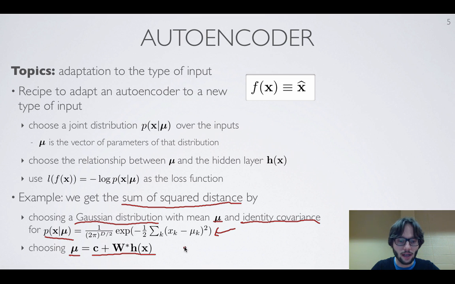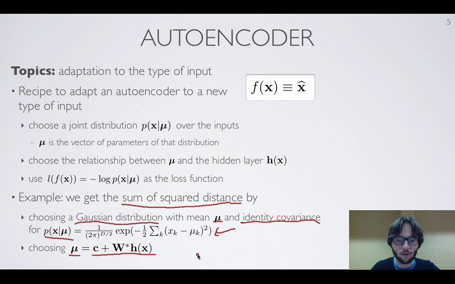I'll let you do that exercise, but essentially you see that the minus log here is going to cancel out with the exponential and the minus here, so we'd be left with half and this part, and the normalization is just a constant, so we don't have to consider it. So then we'd fall back on the squared difference loss function.